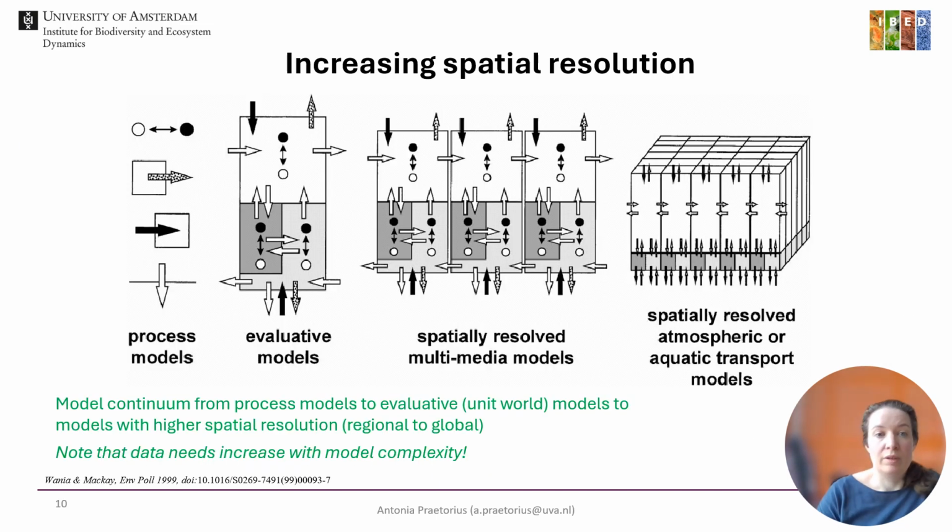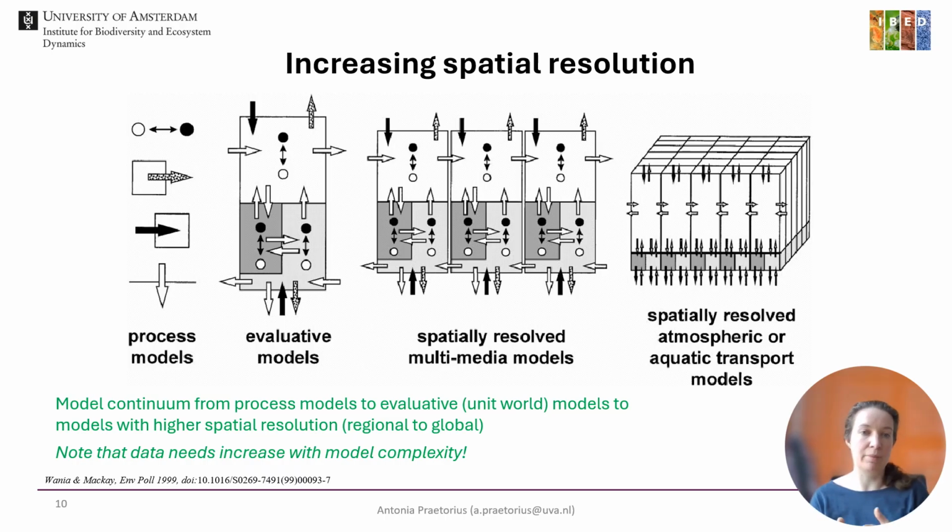We can also achieve a higher spatial resolution, for example, at the regional scale or even at the global scale, by connecting just a larger number of these boxes in our model, where all these boxes follow the same underlying mass balance modeling approach. But by connecting more of these boxes, we can increase our model complexity and our spatial resolution.